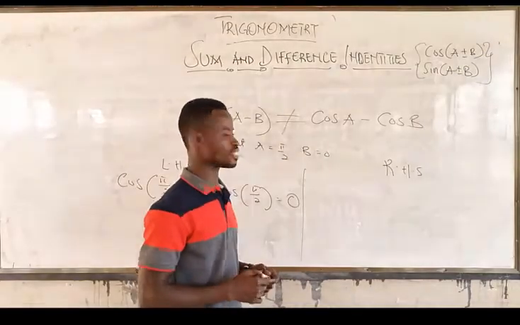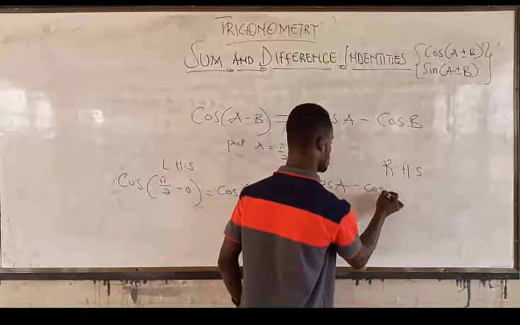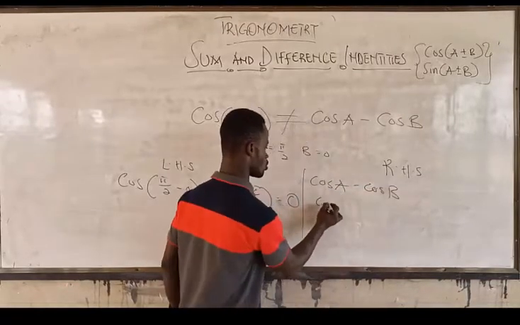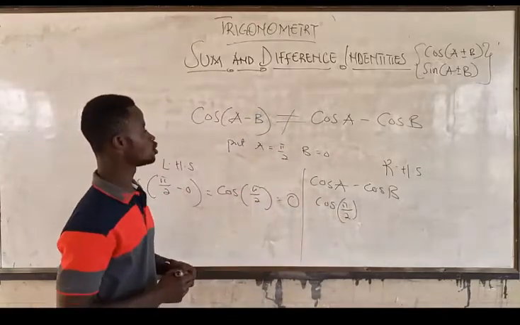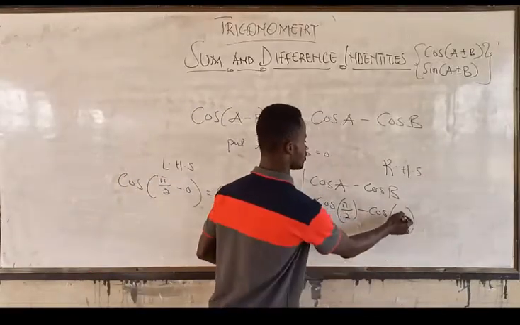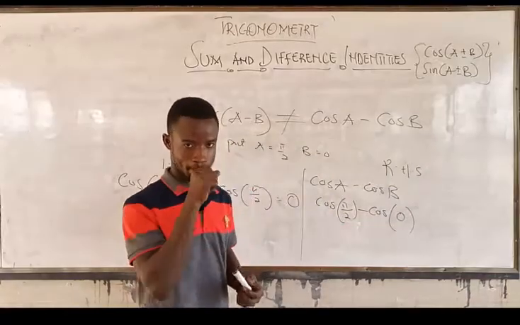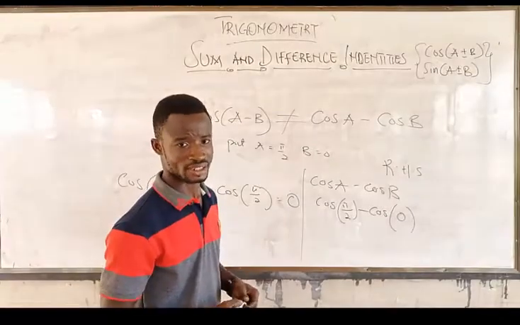What about the right hand side? That is cos A minus cos B. So cos A is cos pi over 2, minus cos B, which is cos 0.